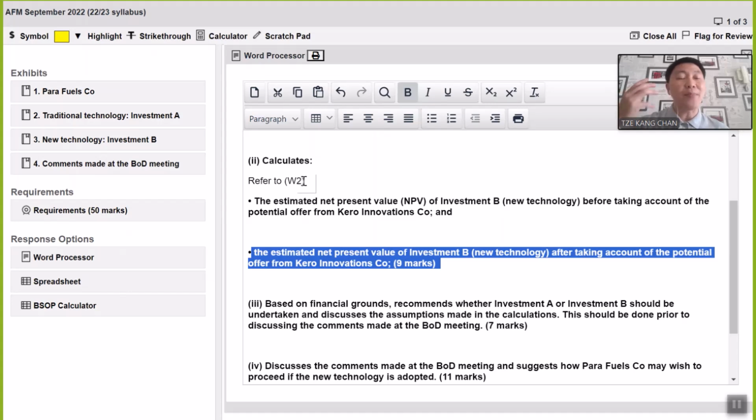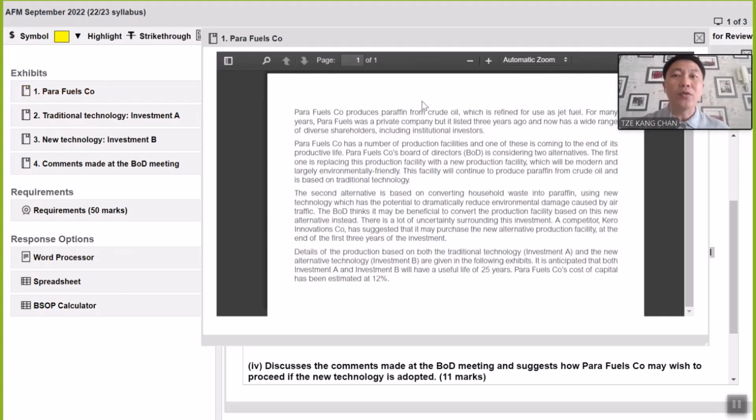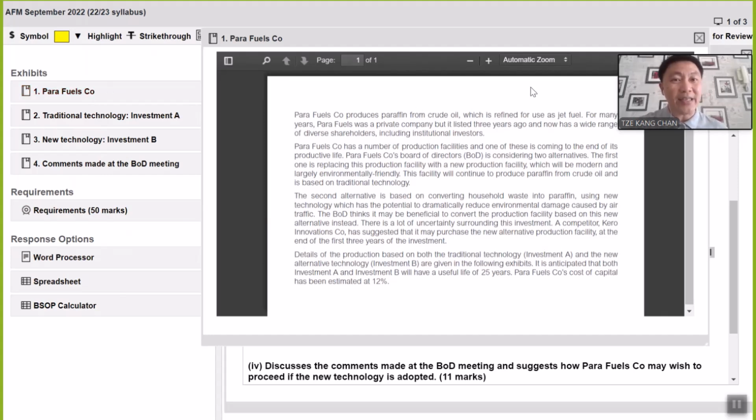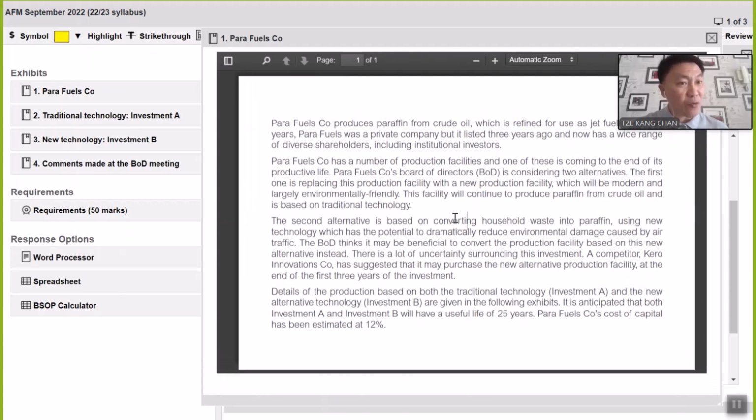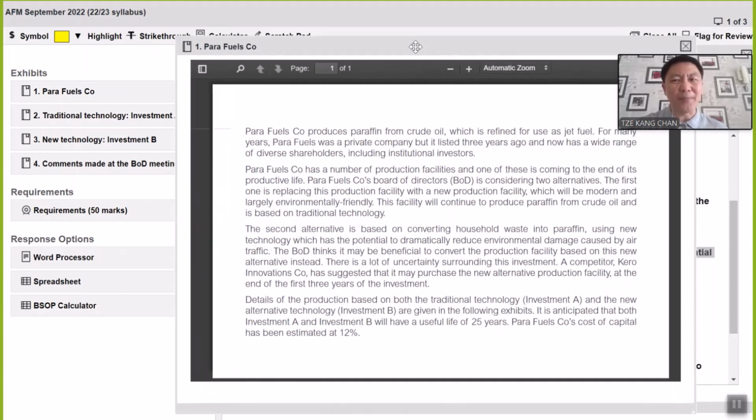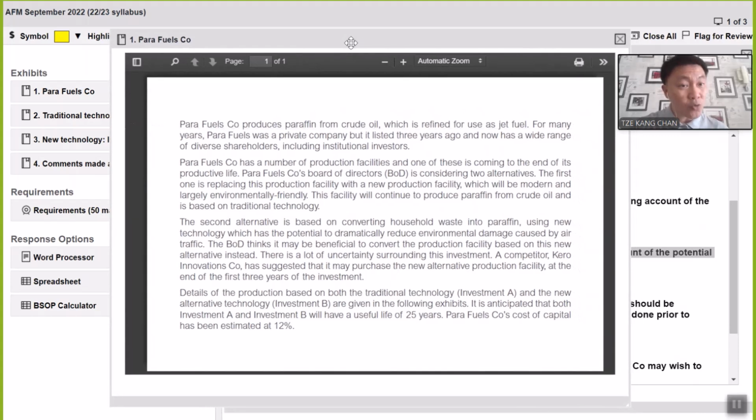As such, I'm getting ready working 2 as my support in my spreadsheet. You should spend time taking a look at the background of this company, Parafield. In a nutshell, this company is mainly involved in making paraffin that will be used for fighter jets.